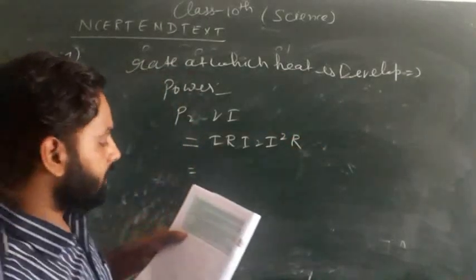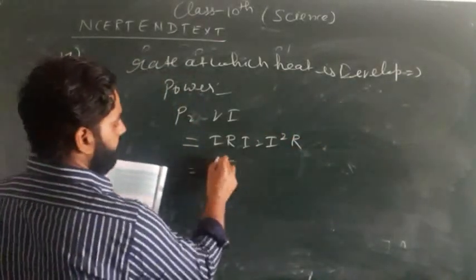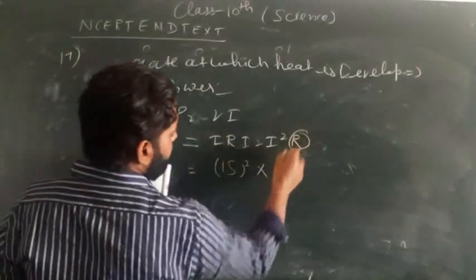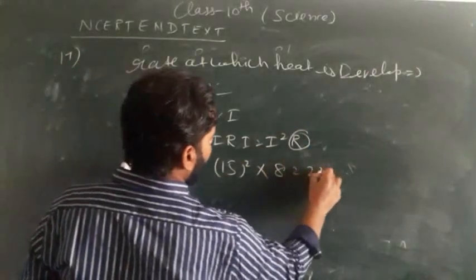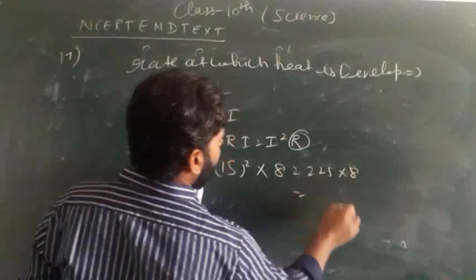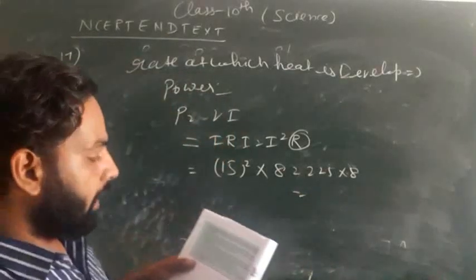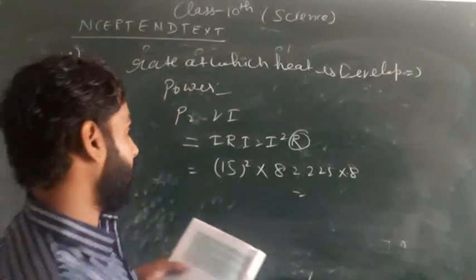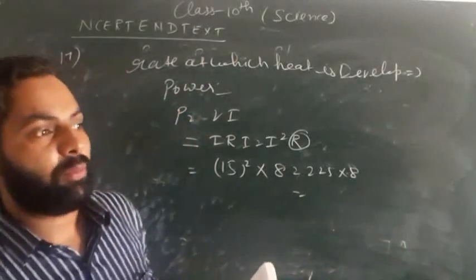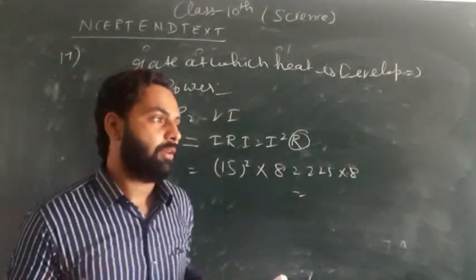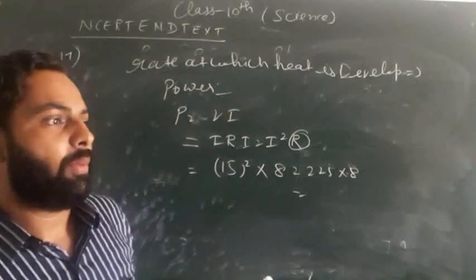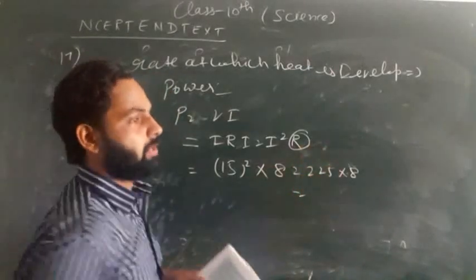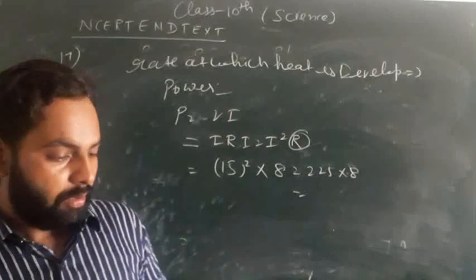I here is 15 squared, and R is 8. So 15 squared, 225, multiplied by 8. By solving it, we will find the rate at which heat is developed. Rate at which heat is developed means the heat developed per hour, if we take time in hours.